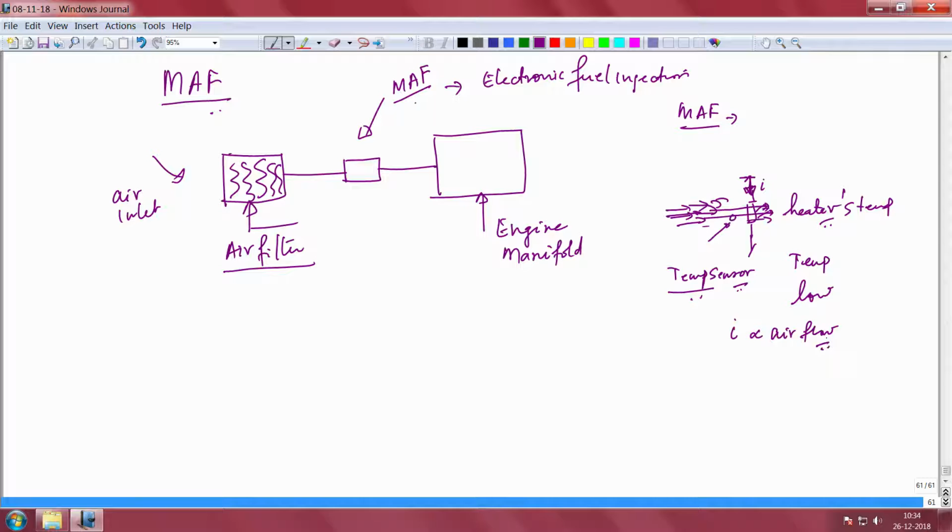I have given you a very high level view. Now you plot the current versus airflow. It is a nice linear relationship, fantastic, a good linear sensor.